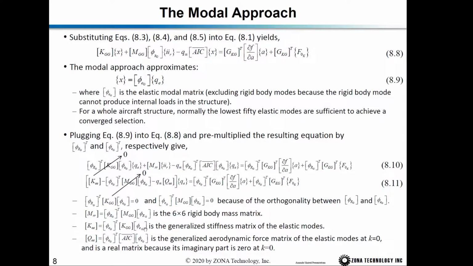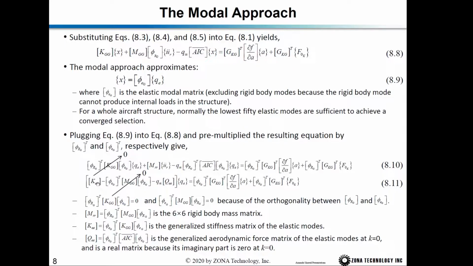And in fact, this 6x6 rigid body mass matrix is identical to that used by the flight dynamics people. Next we pre-multiply this equation by the transpose of the elastic mode. We can get rid of the MGG because phi E and phi R are orthogonal to the MGG matrix. So we have this equation.